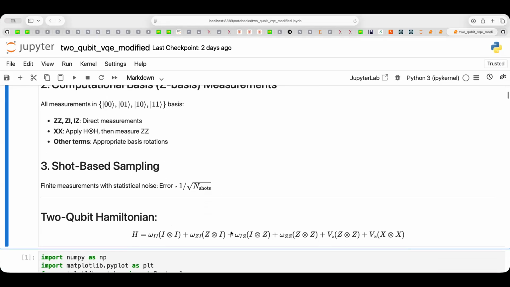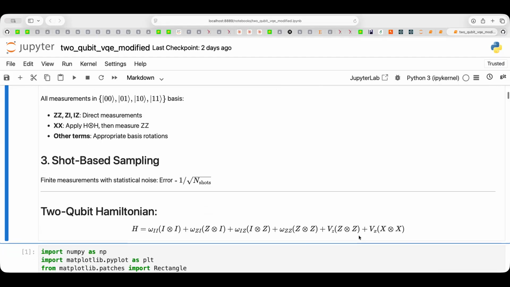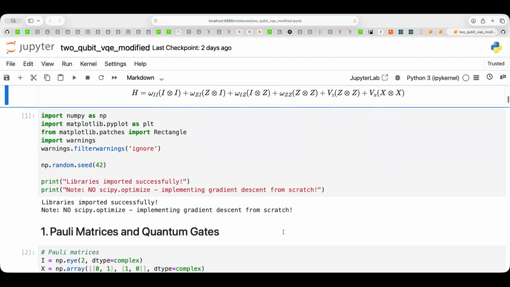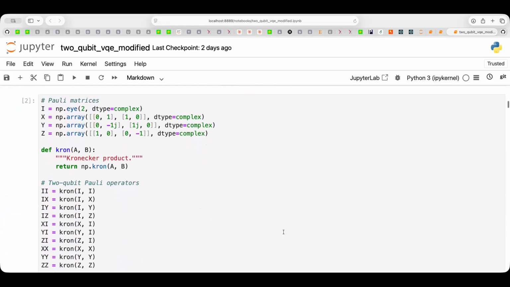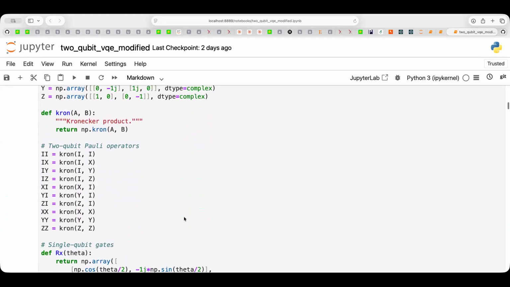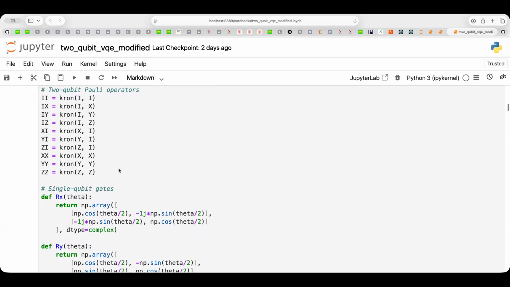If we want to make it more general, we can add Pauli Y matrices, but this is the one we have in the project. So we now need to set up these expectation values. Next week, I'm going to discuss these different terms which we need to code. So we have the 2-qubit Pauli operators, which we need to set up.